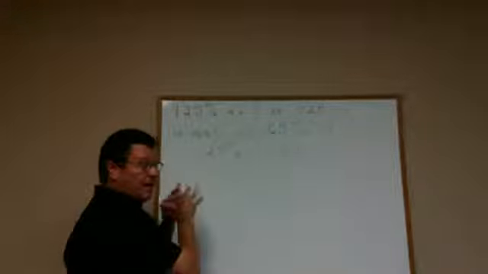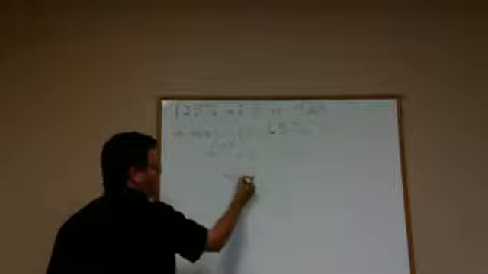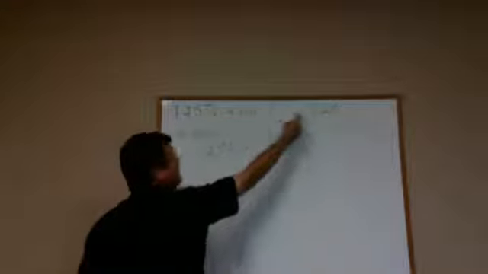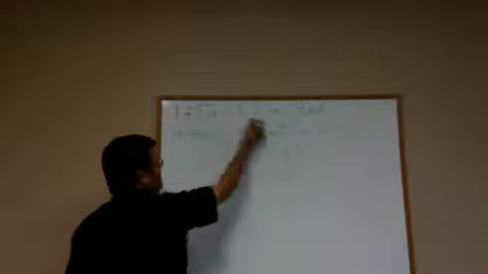Now, the way your math teacher wants you to answer this question is your math teacher wants you to recognize that 125% is the same thing as 1.25. And if I set this up in a common equation, I'm going to get 1.25 of x equals 425. That's what that sentence says, right? 125% of x equals 425.